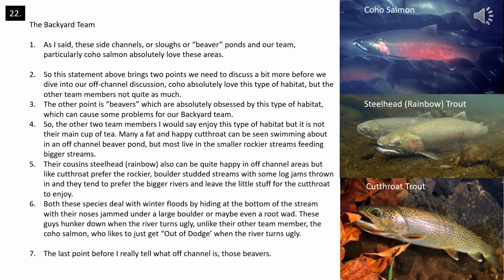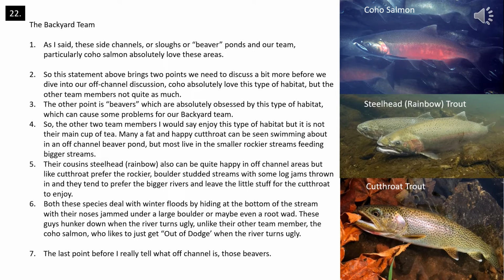Their cousins, steelhead, if they stay in the river for their entire life, called rainbow, can be very happy in off-channel areas, but like cutthroat, prefer the rockier, boulder-studded streams with some log jams thrown in. Steelhead tend to prefer the bigger rivers and leave the littler stuff for the cutthroat trout to enjoy. So an idea of segregation of habitat, but there's overlap of habitat also.